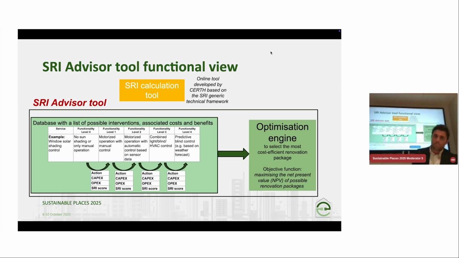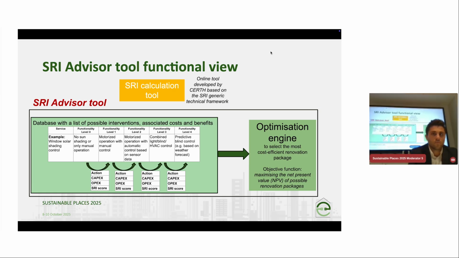Then the CAPEX, which is composed of the cost of the product, of the systems we need to buy to realize the requirements of one functionality level, and also the installation time, so the manpower cost we need to install this product in one building.